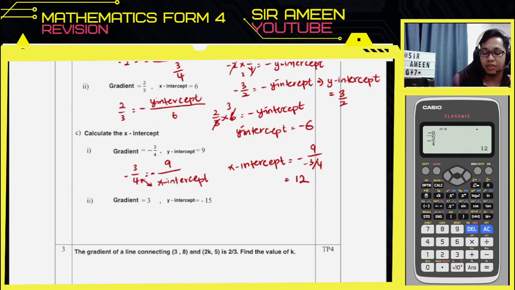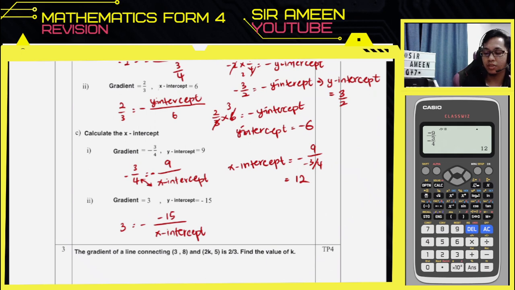Then the second question, gradient is 3, Y-intercept is negative 15. Let me write it again. 3 equal to negative 15 over X-intercept.